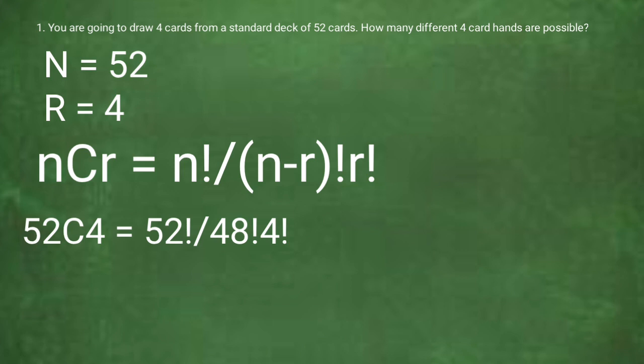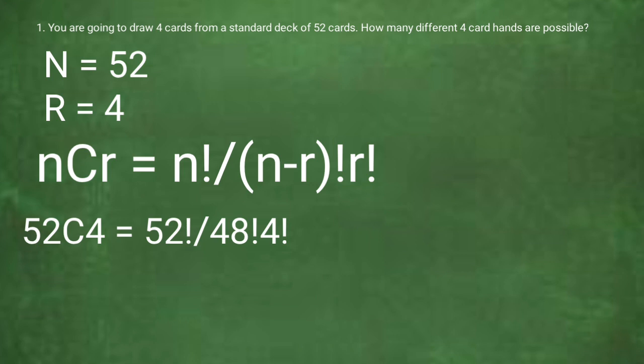Now, it will be like 52 times 51 times 50 times 49 times 48 over 48 factorial 4 factorial. Now we can cancel 48 factorial in the numerator and denominator.